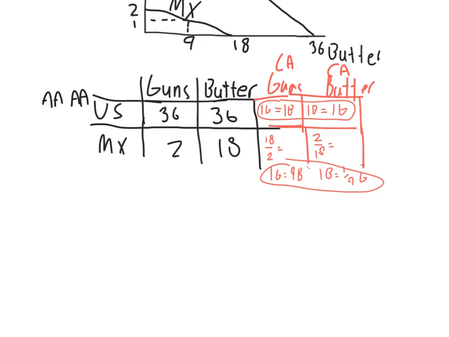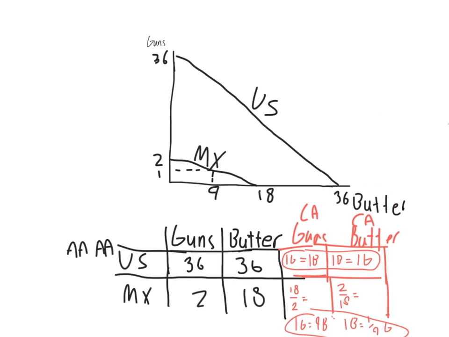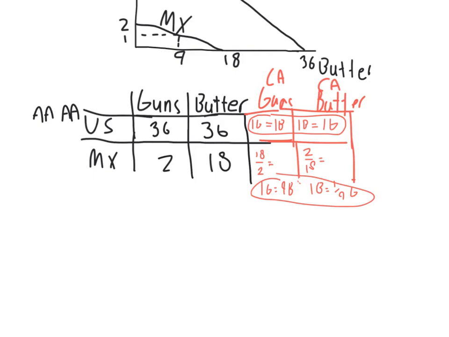Okay, so to find the lowest opportunity costs for each of these countries, it's pretty easy. For the United States, we already see right here in our graph up here that it is 1 to 1. So 1 gun for 1 butter. I put a little graph to the side here to make this a little easier to see. So for Mexico, it's a little bit trickier, but it's pretty easy.